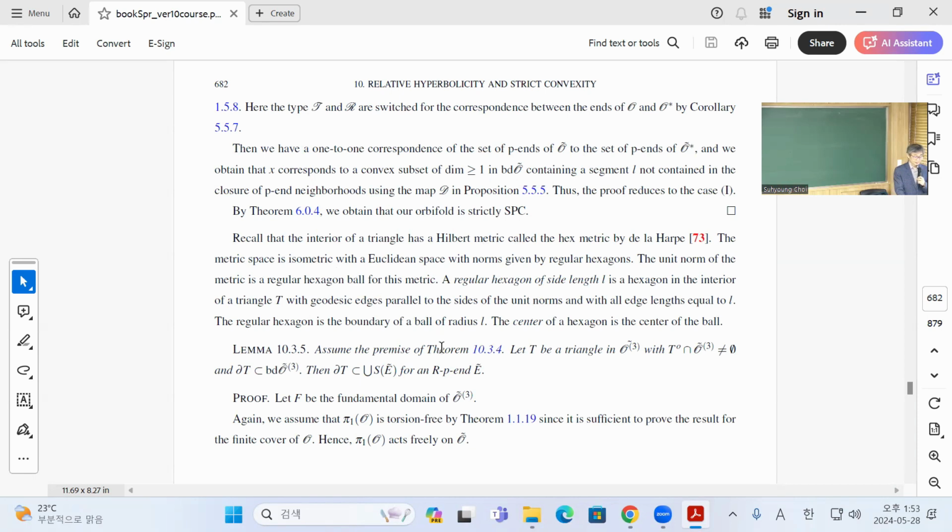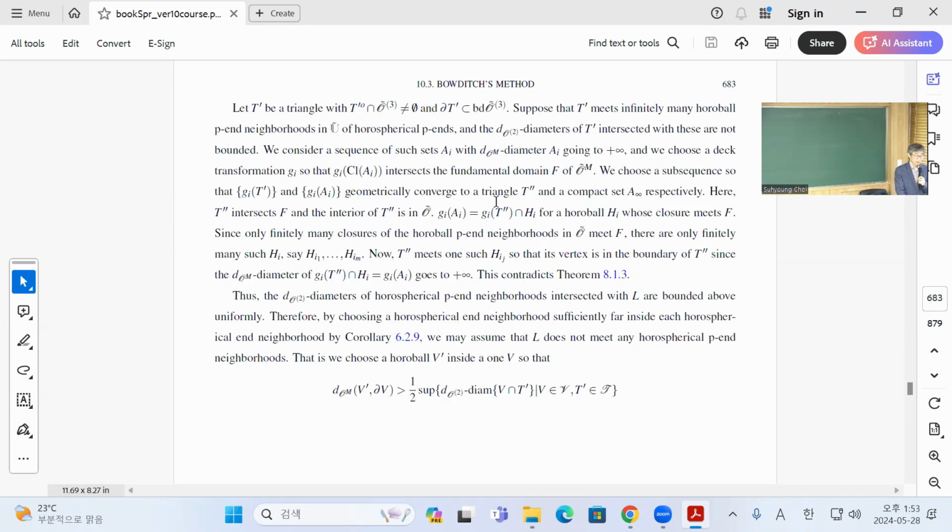And so the proof of this being inside this is that you have any triangle like this, then you can find these horoballs, and then you show that these horoballs can meet only in some bounded sets, because if not, then this will give you a contradiction again.